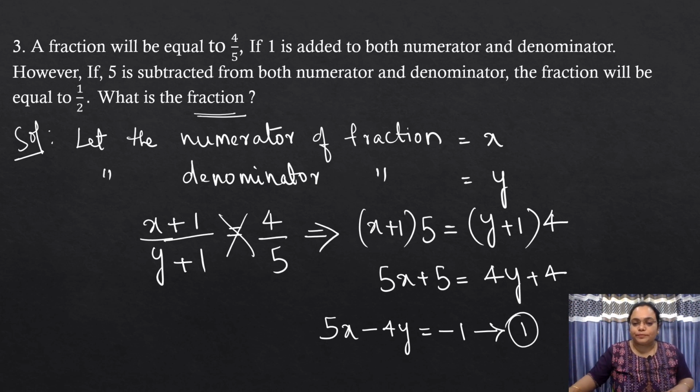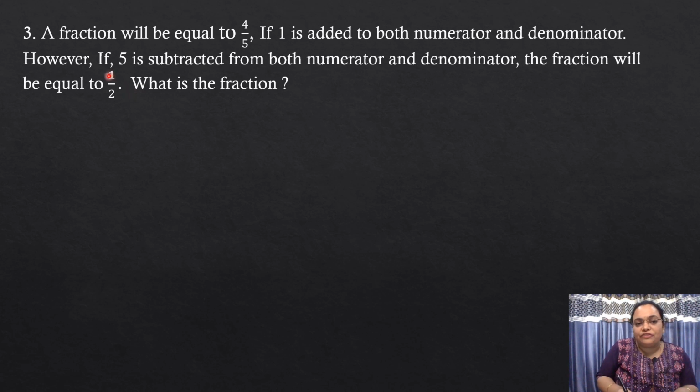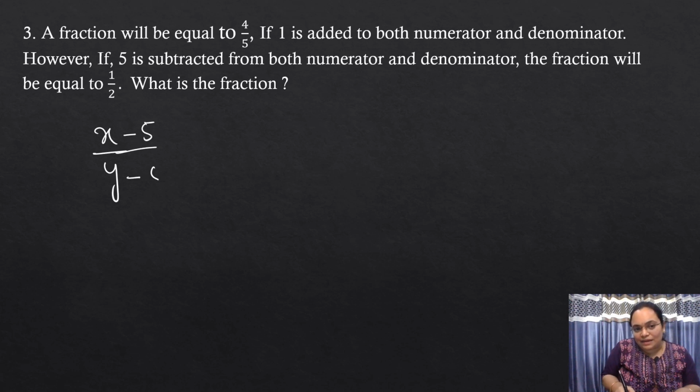And then if 5 is subtracted from both numerator and denominator, the fraction will be 1 by 2. The fraction we have taken is x by y. So when you subtract 5 from numerator and denominator, we get x minus 5 and y minus 5.